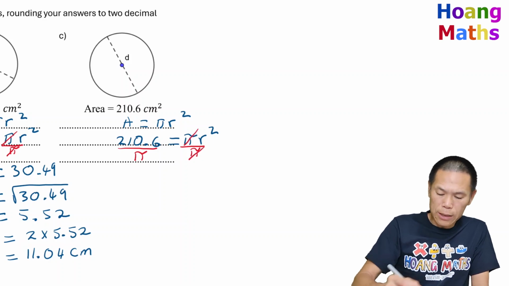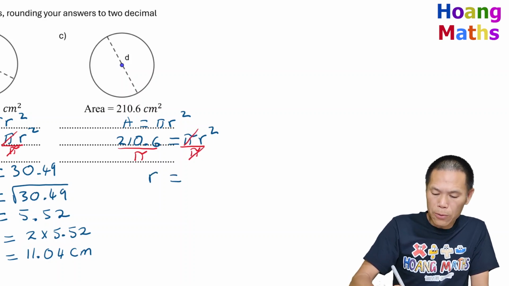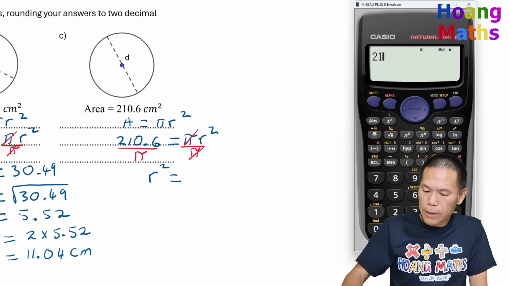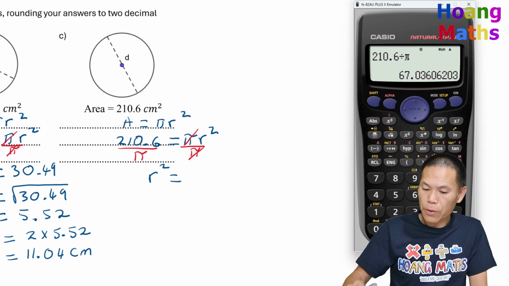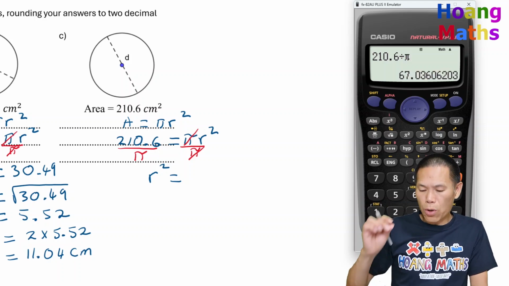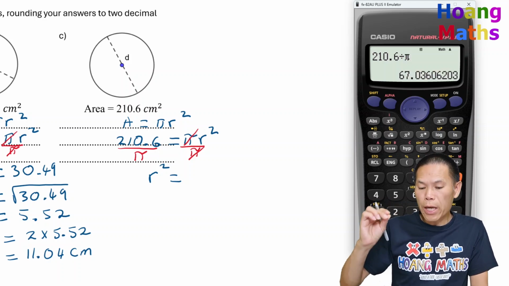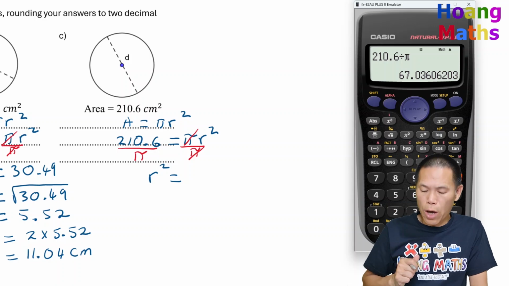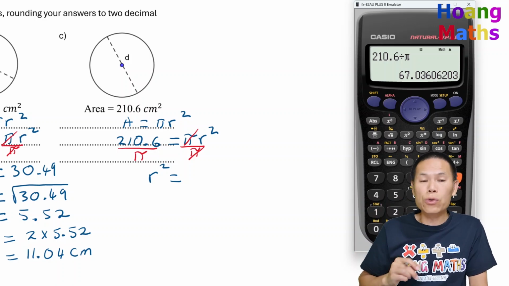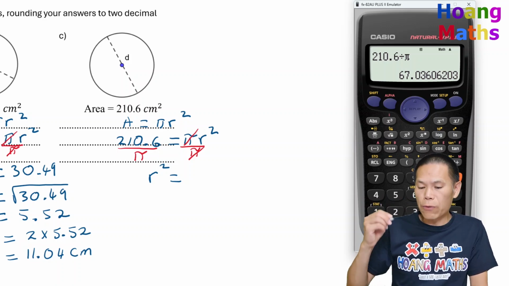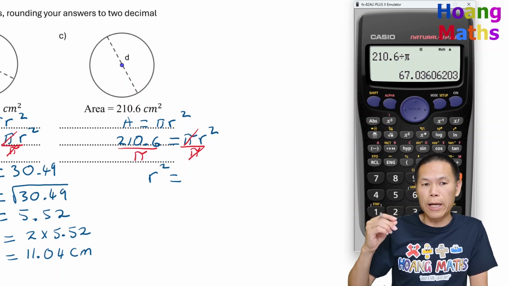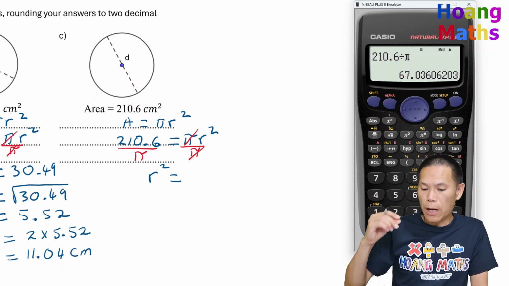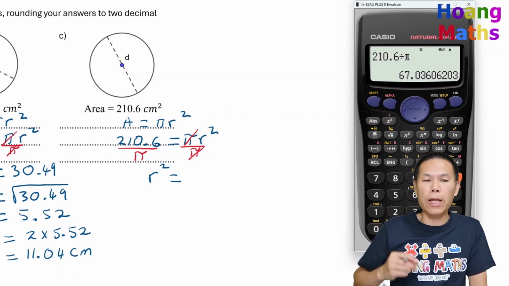So now r squared equals 210.6 divided by pi. So there you go. 67.036 and so on. Let me just write it correct to 2 decimal places first. You can write 67.03 or 04, doesn't really matter, okay? Because we're going to use all the numbers on the calculator anyway.